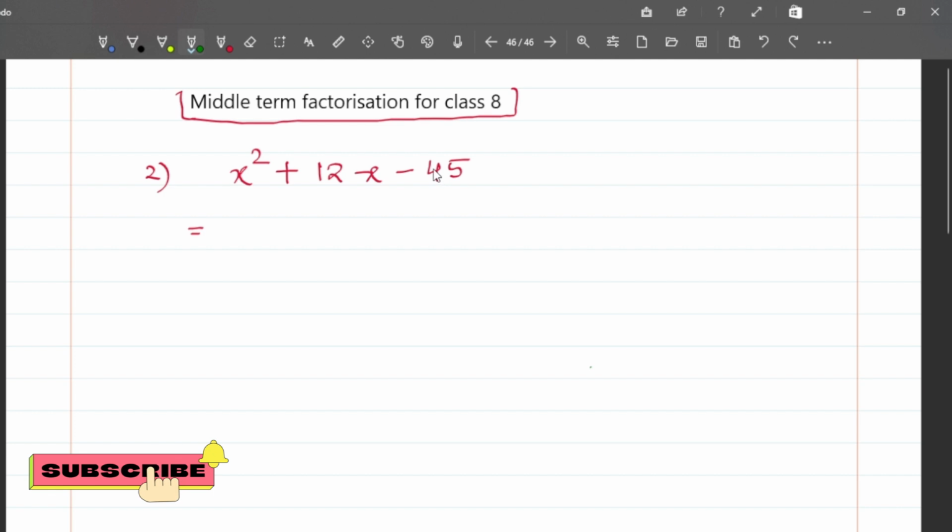So here the 45 has a negative sign. So we need a factor of 45 like 9 into 5 or 15 into 3, such that their subtraction will be 12.